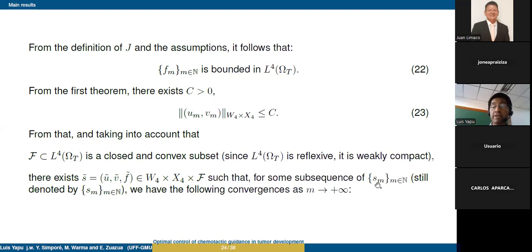So there are subsequences Sn, a triple U, V, and F, such that we have the following convergences: Um, Vm, Fm.